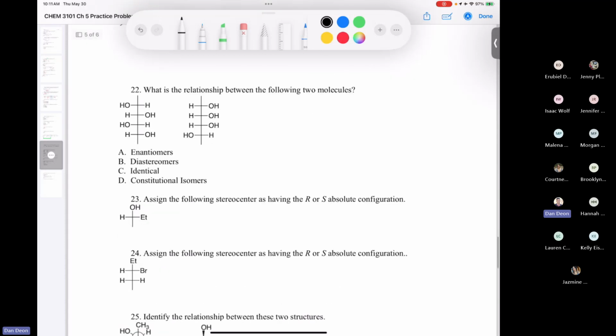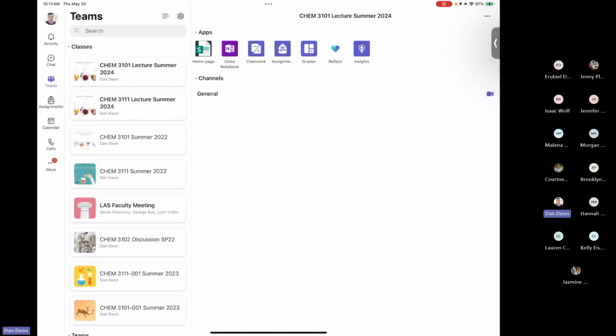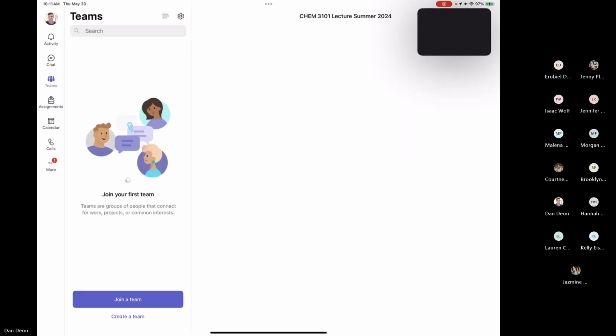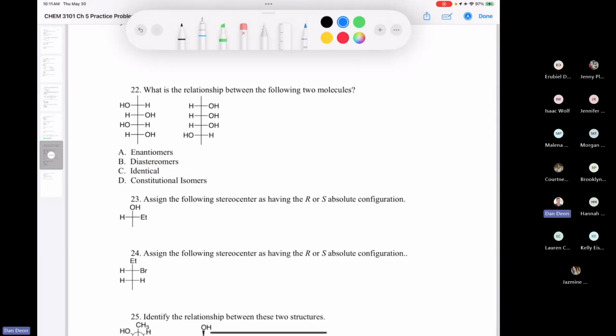Number 22, what's the relationship between these two molecules? I don't know, best friends? No, I'm kidding. Anyhow, if you look at the stereocenters, you can see that this one is flipped. You can see that this one is identical.